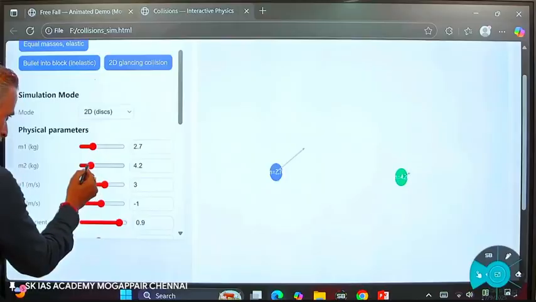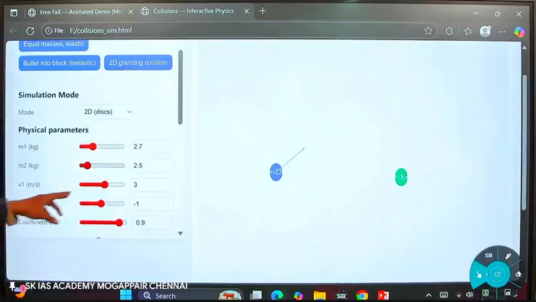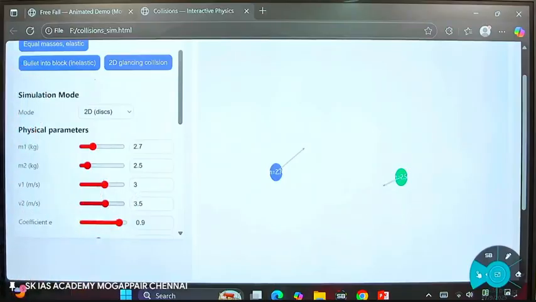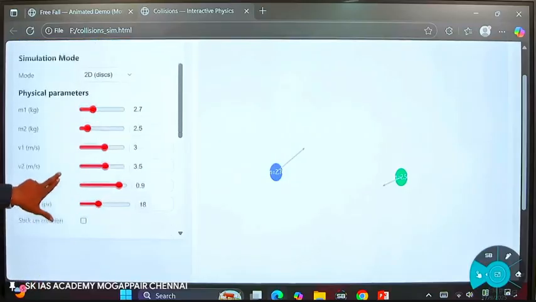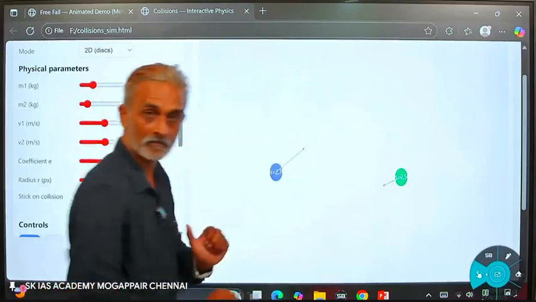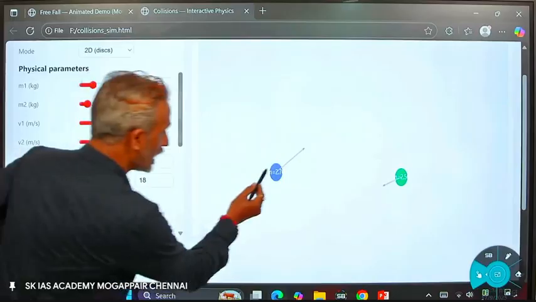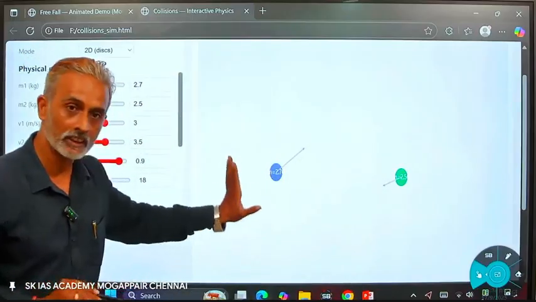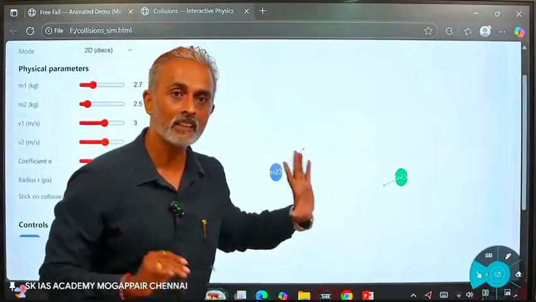Both the same mass I am just doing. Now velocity of 1 is 3 meter per second. Velocity of 2 same, 3.5. Now coefficient of restitution 1. Radius I have given 18. This is the radius. Correct? And this is M1. This is M2. It has a velocity V1. It has a velocity V2.